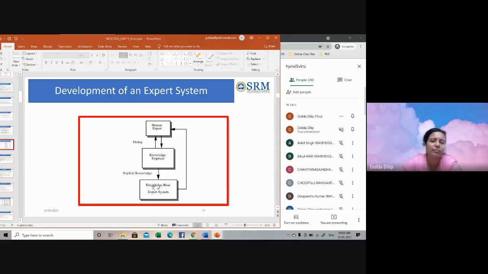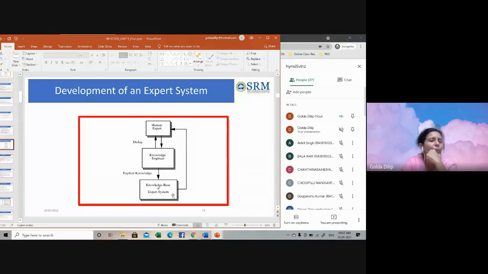You can see here, I don't have my pen with me, in the third block, the knowledge base. The construction of a knowledge base is very, very important. And to construct a good knowledge base, the knowledge acquisition process has to be effectively done. Many a time, a set of programs is compiled to extract the expert knowledge effectively.